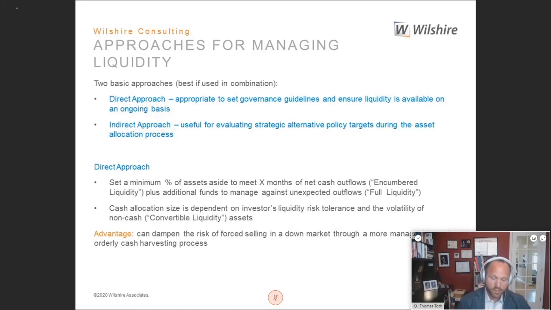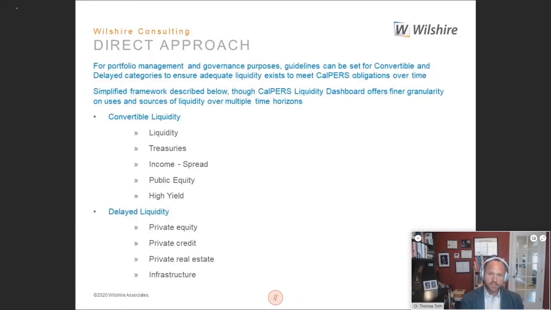When you think about the direct approach on page 34, that is the day-to-day management of cash. And we have a relatively simplified framework laid out here. As you've heard us discuss in the past, the CalPERS liquidity dashboard offers a much more granular look at the uses and sources of liquidity within the portfolio over multiple time horizons.